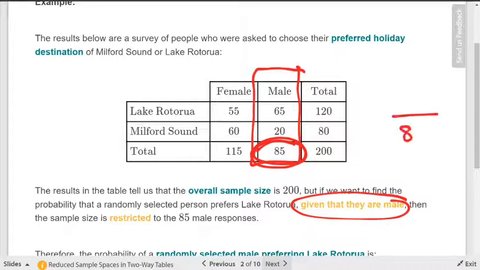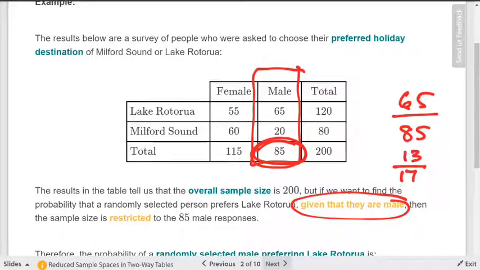So you get a reduction of those people. And out of those, how many of those males preferred Rotorua? Yep, 65. And of course, y'all have to do that part, so anybody want to tell me what that's going to be? There you go. Or you could do it as a decimal. I'm perfectly happy with that.